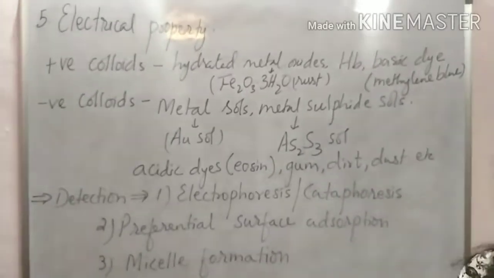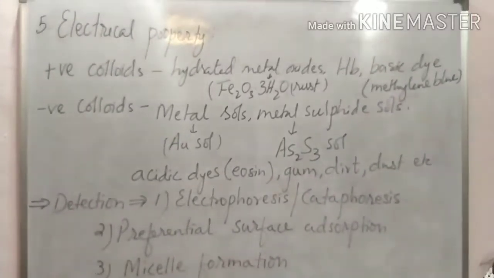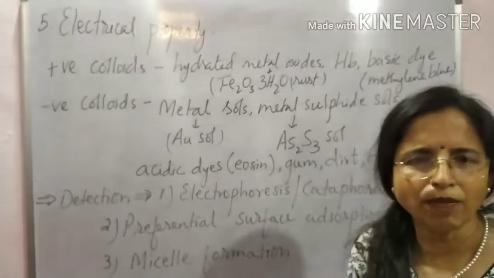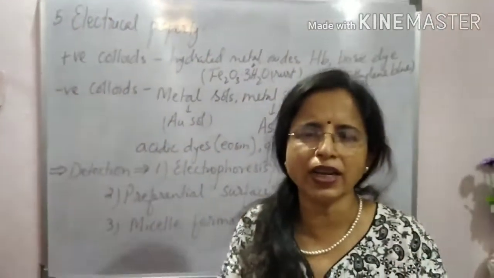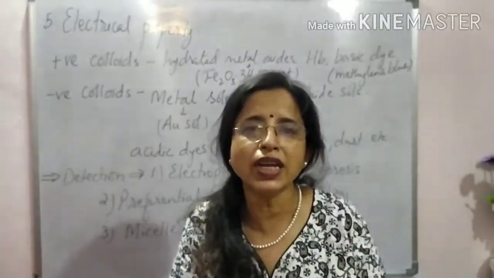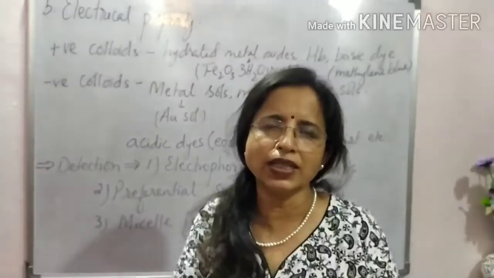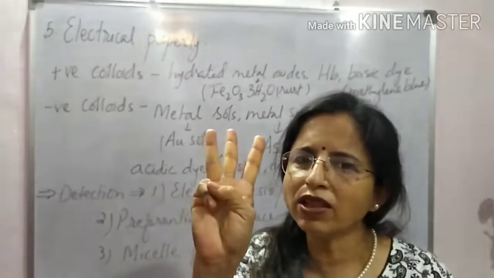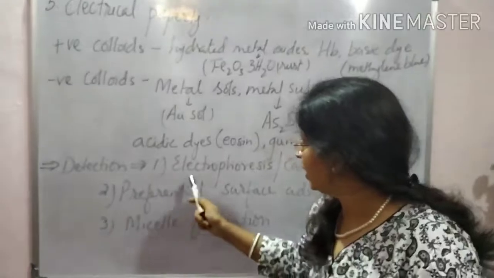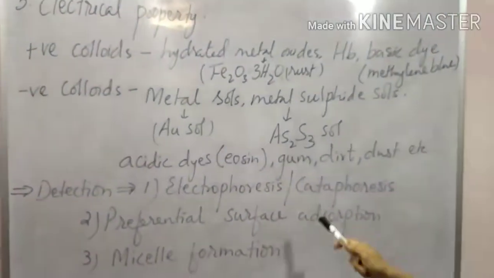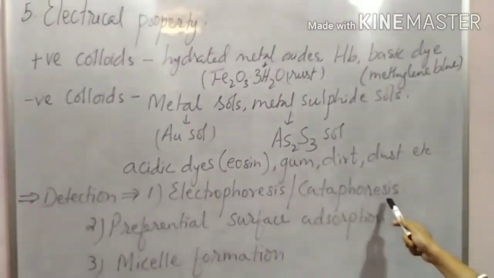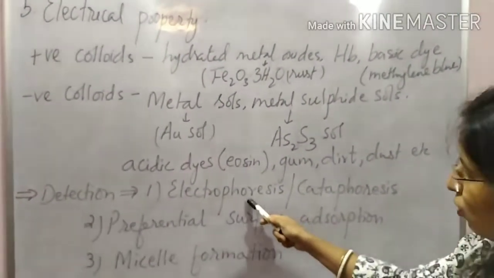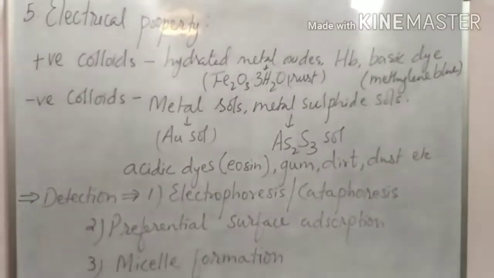Then how to detect the charge on the particles? Colloidal particles may be positive or negative. Then how are you going to detect the charge on the colloidal particle? The detection is done by three methods. One is electrophoresis, often called cataphoresis.